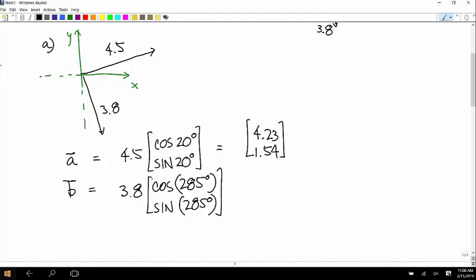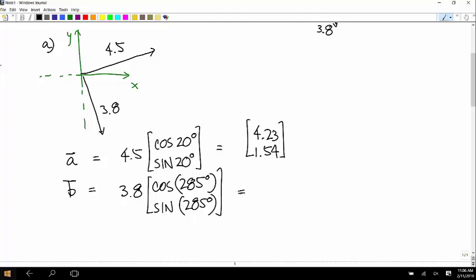Or you could just use SOHCAHTOA and say, you know that you're going to have a positive x component and a negative y component. And this angle is 15. So the horizontal component here, the positive one, is going to be 3.8 times the sine of 15 degrees. And the vertical component, it's going to be negative, and that's going to be 3.8 times the cosine of 15 degrees. So any one of those three ways works fine.